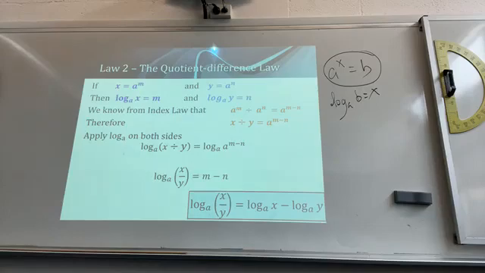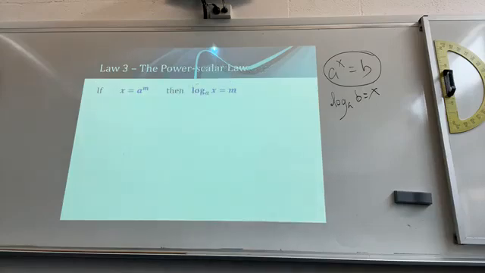Now the next one. I'm just only going to look at x to the power of n. x equals a to the power of m, which means log base a of x is actually m. Alright? Here, the index law: a to the power of m, to the power of n, is a to the power of m times n. So therefore, x to the power of n is a to the power of m times n.